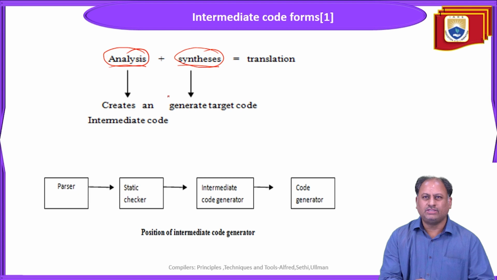While implementing the analysis phase, the output generated is called intermediate code. This intermediate code is passed to the synthesis part, and the output of that is the target code, or object code, machine code.